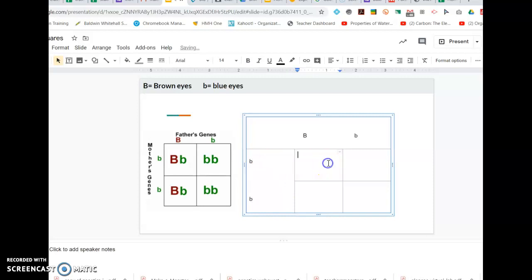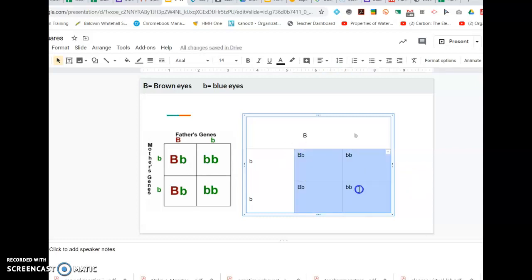Okay, so then filling in the offspring, the zygotes, I will follow big B comes first here, big B down this column, and then the lowercase b's come second. And then in this row, follow down the columns. So this is BB, and then this is this. Okay, so here are my 4 offspring, and now we want to determine their genotypes and phenotypes.